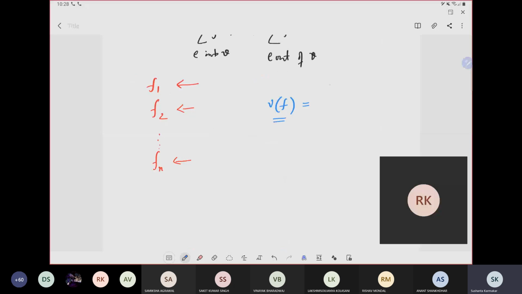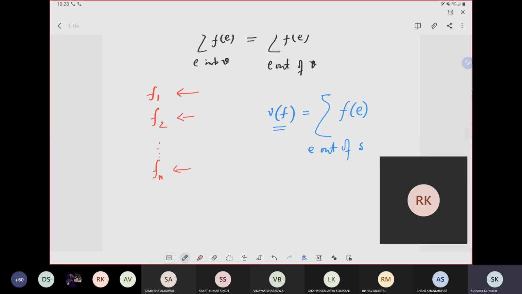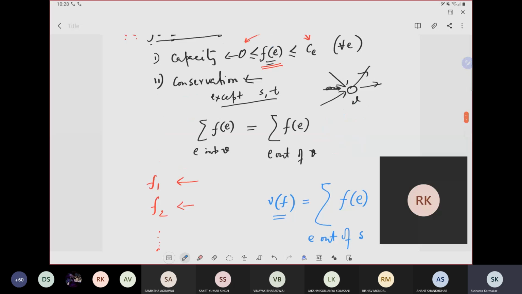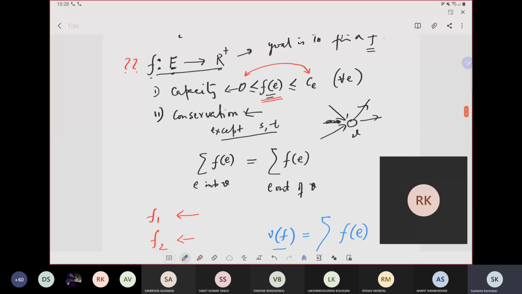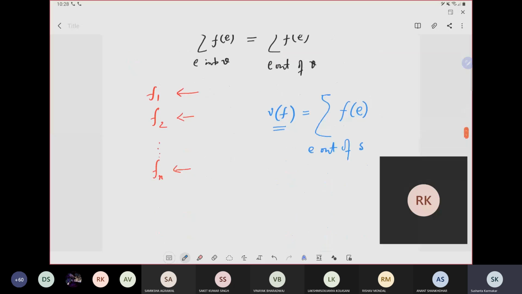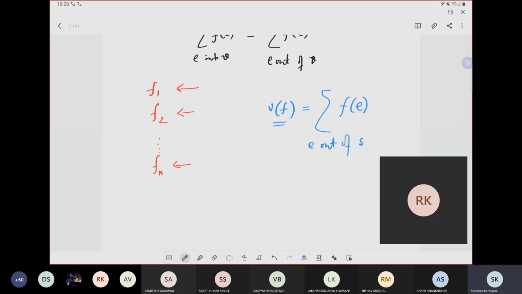What is that? That is the sum of the f values of the edges e out of s. This is my definition of the value of the function. I can have different functions which satisfy these two conditions in the graph. Now I define a value of that function. It is the sum of the flows that are coming out of S.